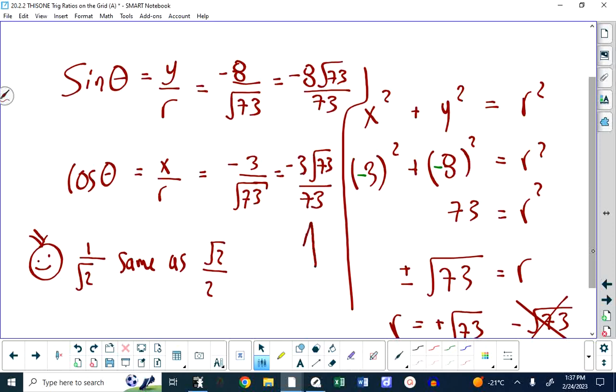Again, this is the proper way to write it, technically correct, but I don't like it. There's a little too much going on there. I think it's easier to just say negative 3 over root 73. But one of the reasons I mentioned that is we'll see it later, but the other reason is you might do some textbook questions, and when you look in the back, they might have given that as the answer as opposed to the first version that we got.